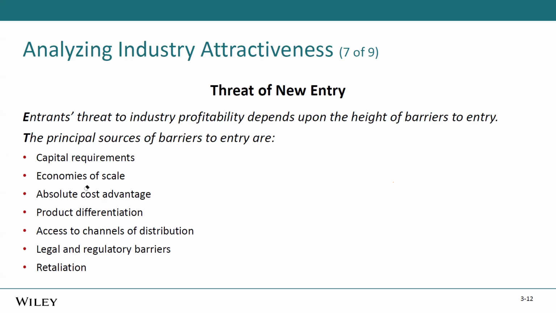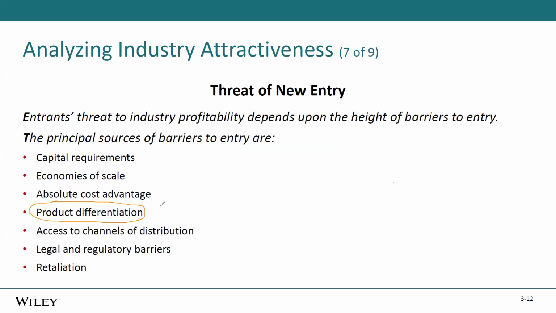Another thing here is product differentiation. If I have a great product, or even better yet, a great brand, I can't just all of a sudden start competing with Louis Vuitton handbags as a no-name bag company. Louis Vuitton has established that brand identity and that differentiation over years and years.